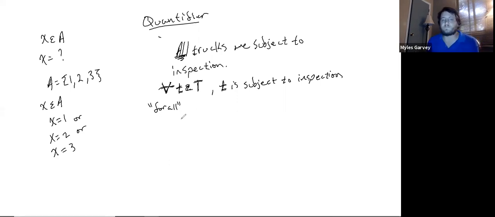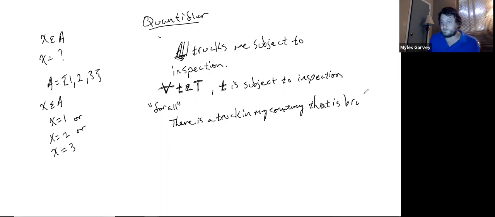Now, this is different from saying there is a truck in my company that is broken. The question then is, well, which one? And how do we write that mathematically?